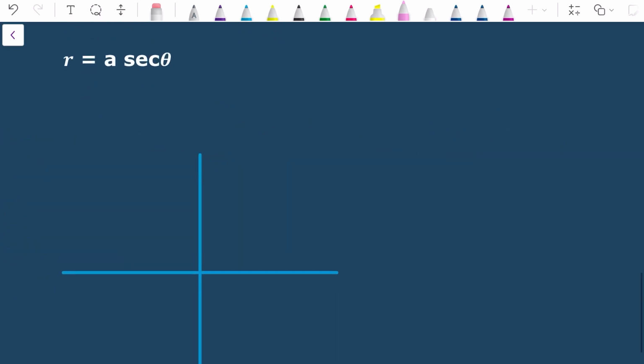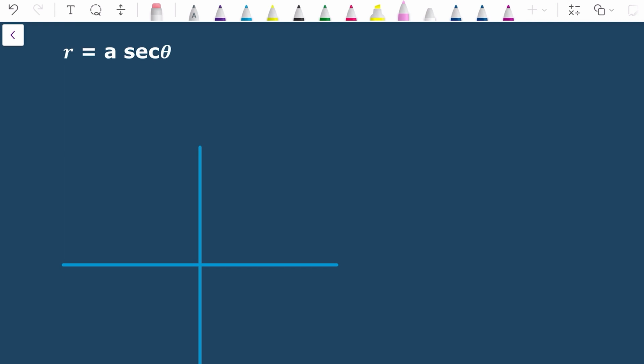Okay, the final example, we're looking at r equals a sec theta. And in this case, we can actually use our Cartesian equivalence. Remember, x is equal to r cos theta and y is equal to r sine theta. And we can use this information in order to help us visualize what this will look like.